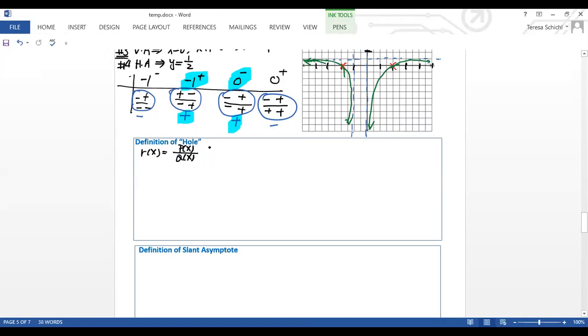But how about if p(x) and q(x) have a common factor, okay?